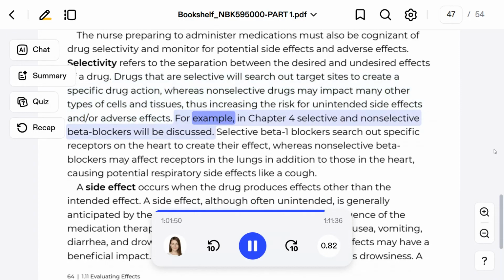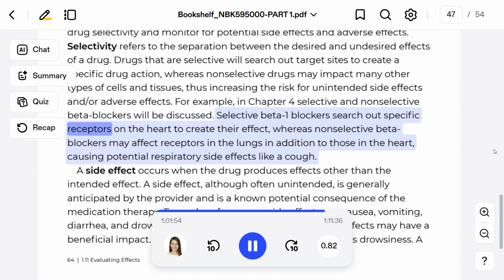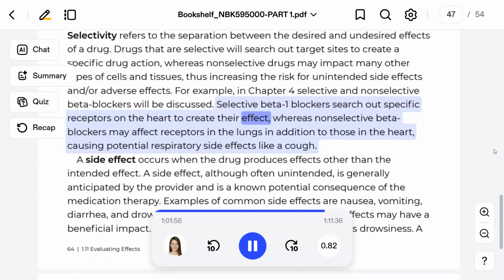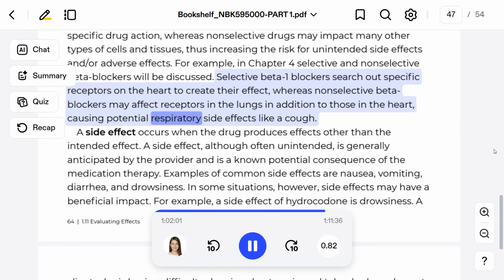For example, in Chapter 4, selective and non-selective beta blockers will be discussed. Selective beta-1 blockers search out specific receptors on the heart to create their effect, whereas non-selective beta blockers may affect receptors in the lungs in addition to those in the heart, causing potential respiratory side effects like a cough.